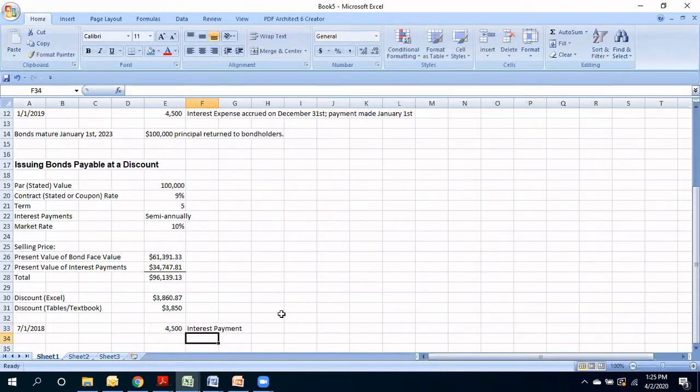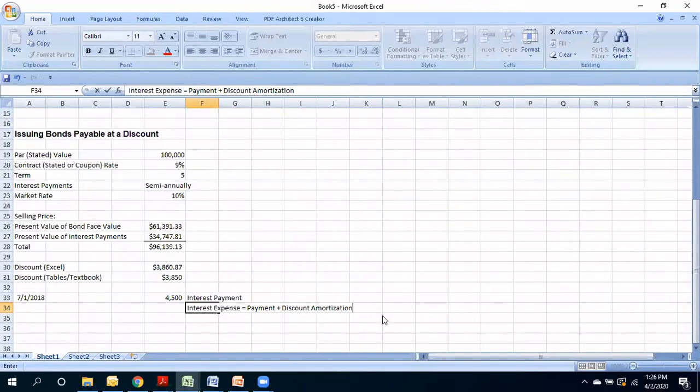Southwest is going to record interest expense equal to the payment plus the discount amortization. And how do we calculate the discount amortization? We simply take the discount, $3,850, and we divide it by the 10 payment periods of interest we're going to make.